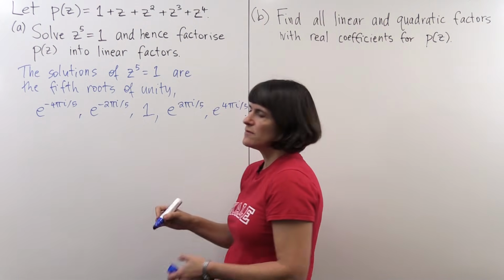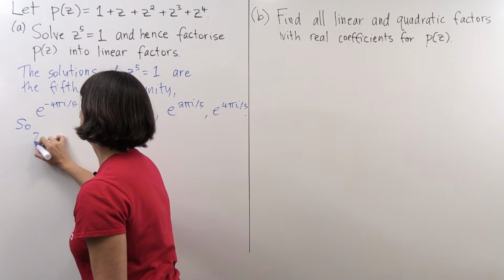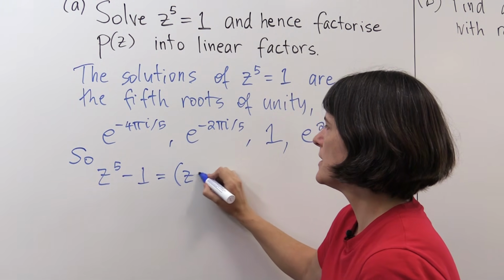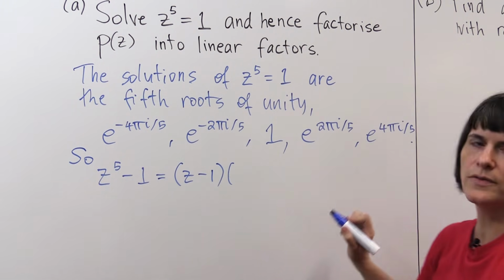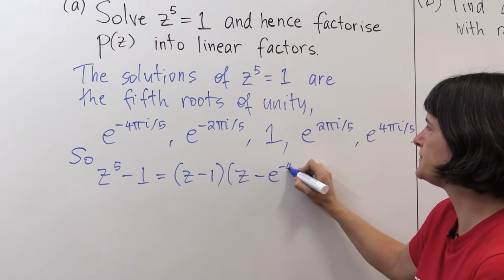Now this means we can factorise z to the fifth minus 1 using these linear factors. Z to the fifth minus 1 is z minus 1, the product of all of these z minus a root. So we just write them all down.